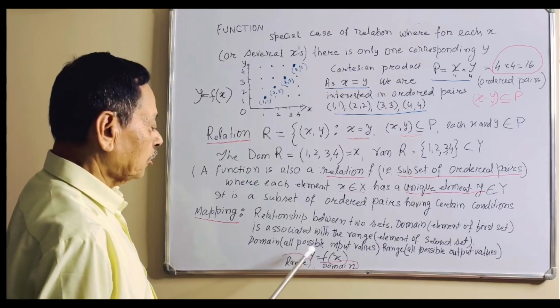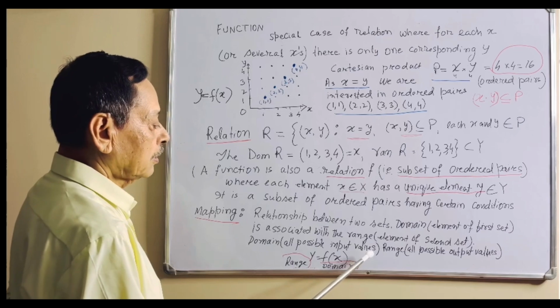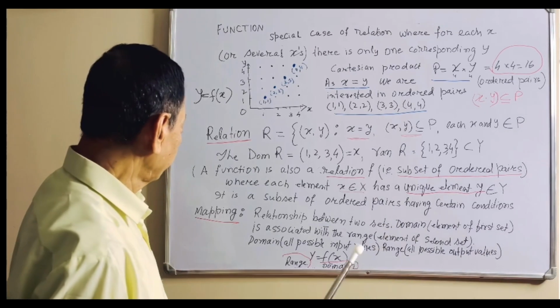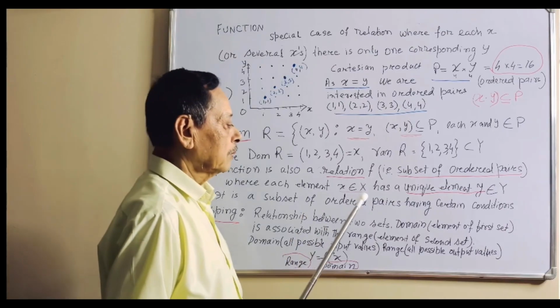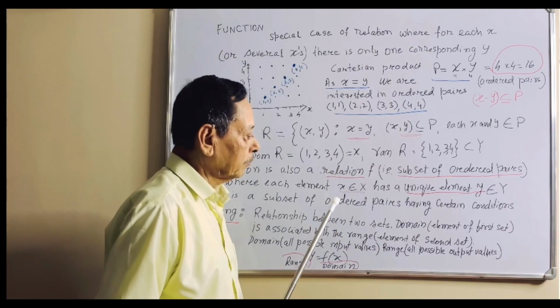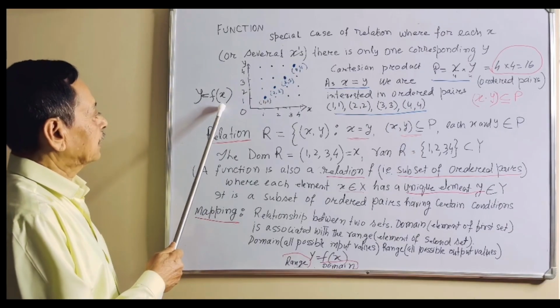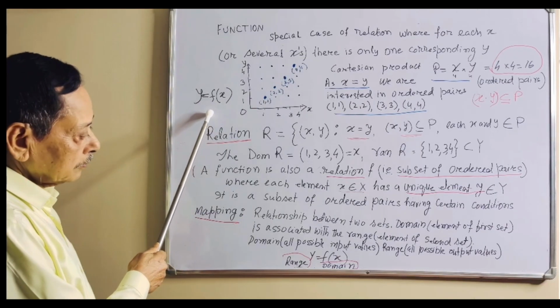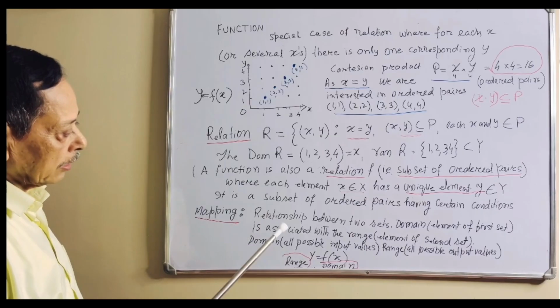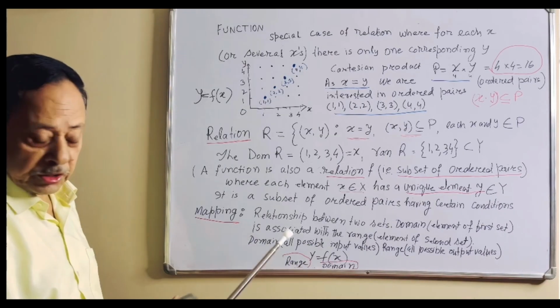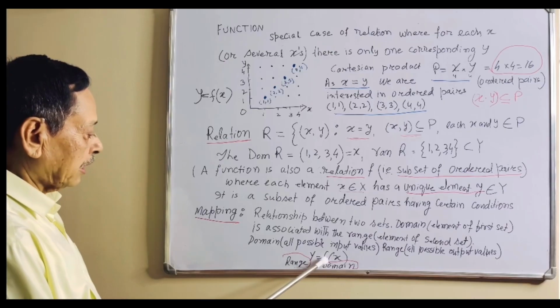Domain is all possible input values and range is all possible output values. So when we do some exercise, y is the function of x, there contain domain and range.